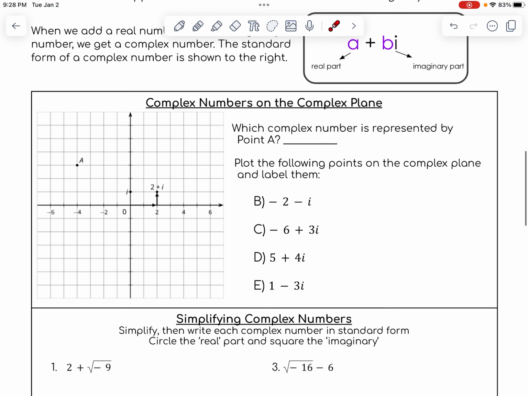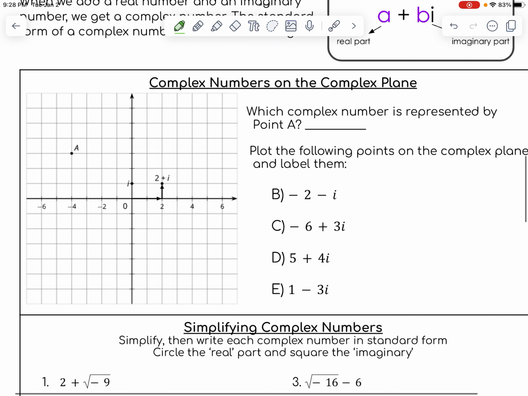Now, these complex numbers can be seen on the plane. Upgrading from the imaginary number line, now we're looking at a coordinate plane that has imaginary solutions. The first number that's already plotted for us is this arrow, which represents 2 plus i.